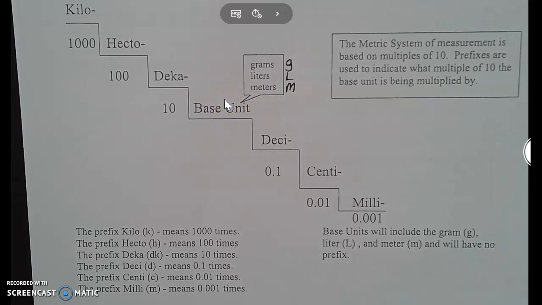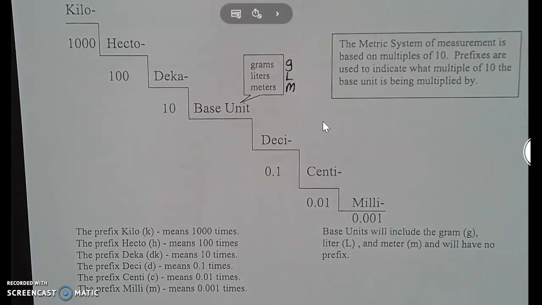So for instance, if you're a decameter, you're 10 meters. If you're a kilometer, you're 1,000 meters. If you're a millimeter, you're 1/1000th of a meter, 0.001. If you're a centimeter, you're 1/100th of a meter, 0.01. Okay?